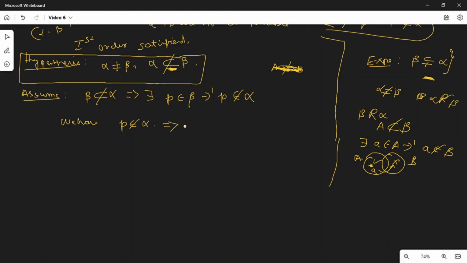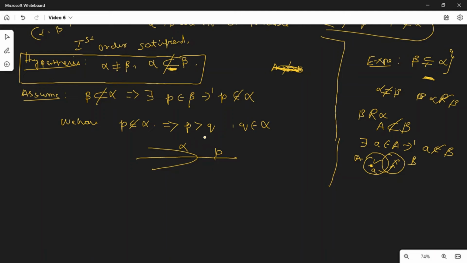This implies p is greater than every element belonging to alpha. See, this is alpha and our p lies outside.